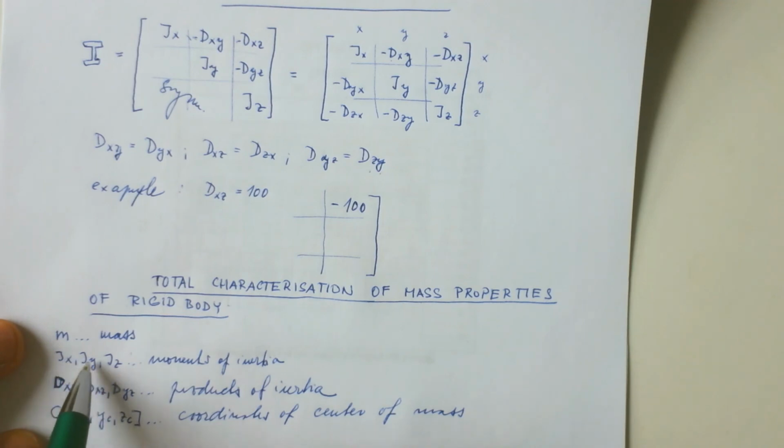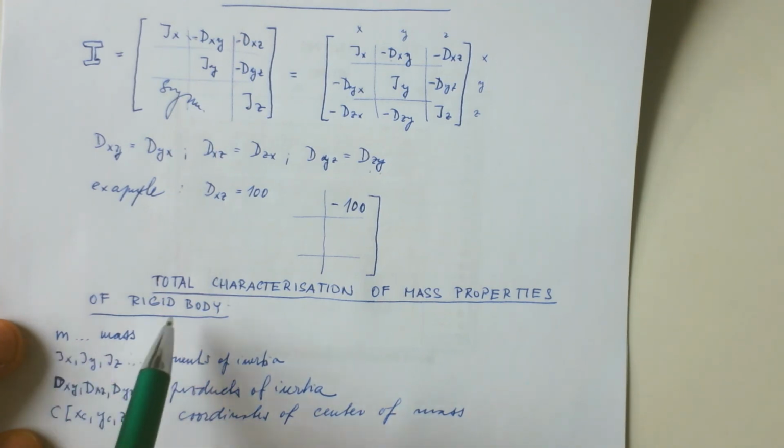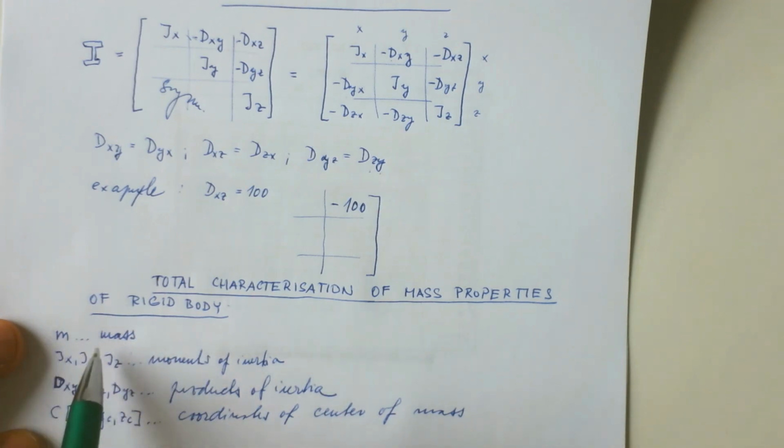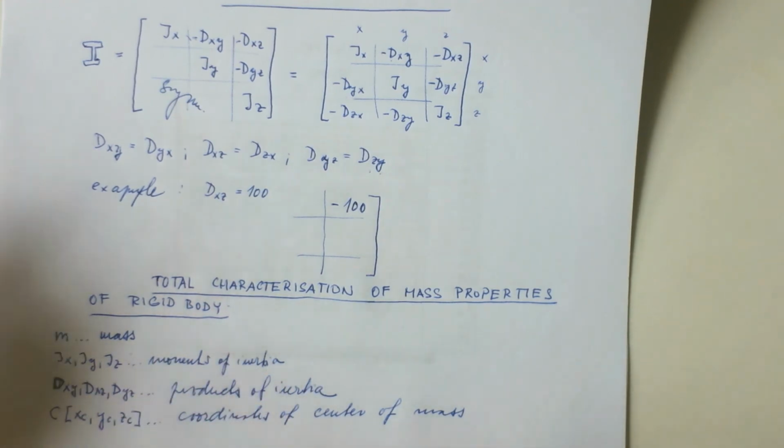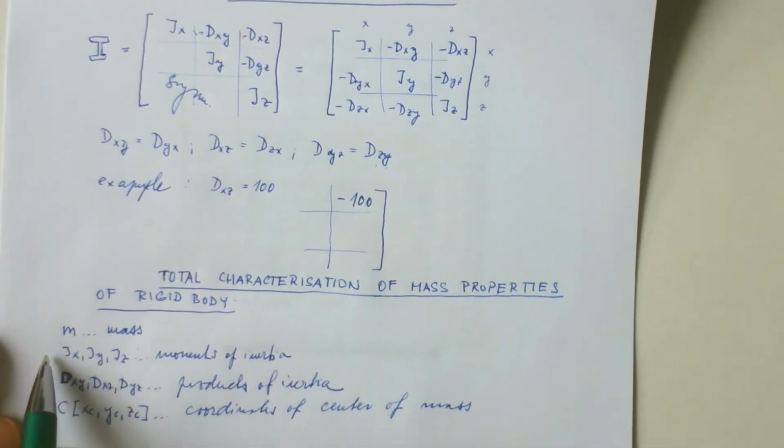So these numbers are zero, and this is equal to position of the particle. So total characterization of mass properties of particle is only mass. But if we deal with body, where is some distribution of mass in space, we need to know all these numbers.